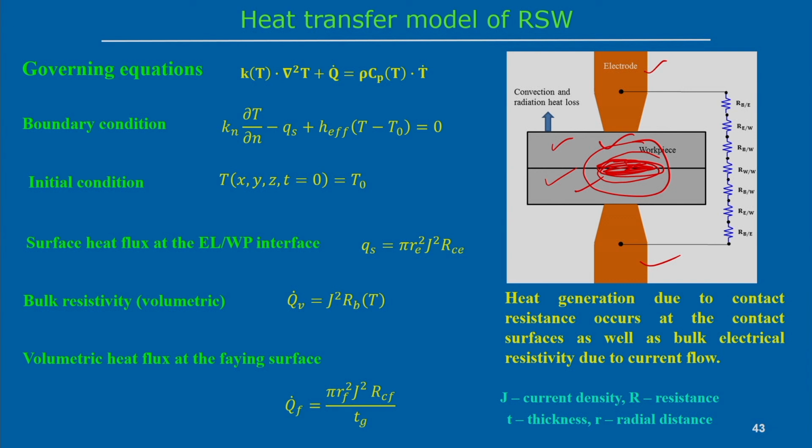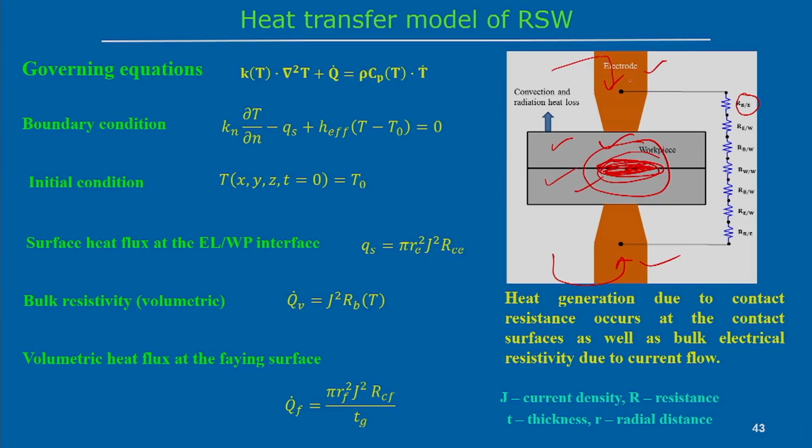One resistance is RBE. Then there is a passage of current. Current flows through the electrode also, so there will be some bulk resistance for the electrode material. This is the bulk resistance, which acts over the volume of the particular component. Now, there is a contact between the electrode and the workpiece, so there will also be some contact resistance.